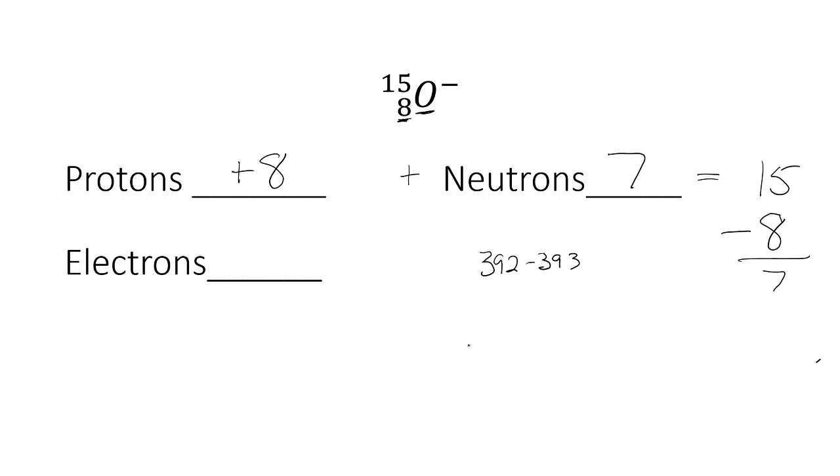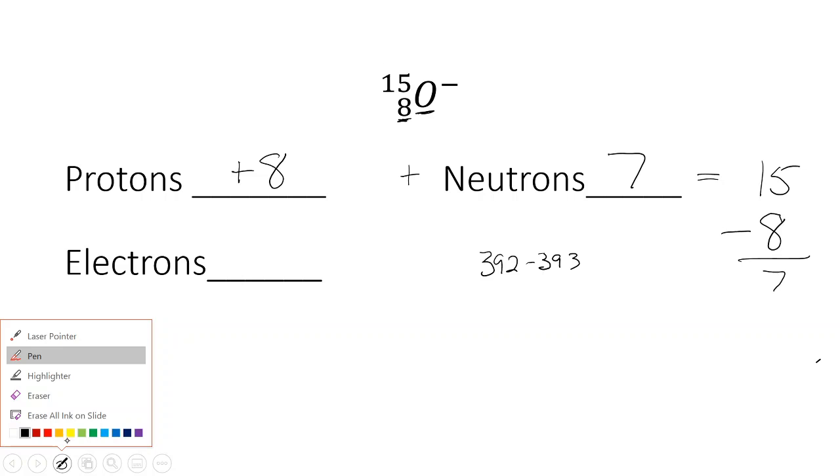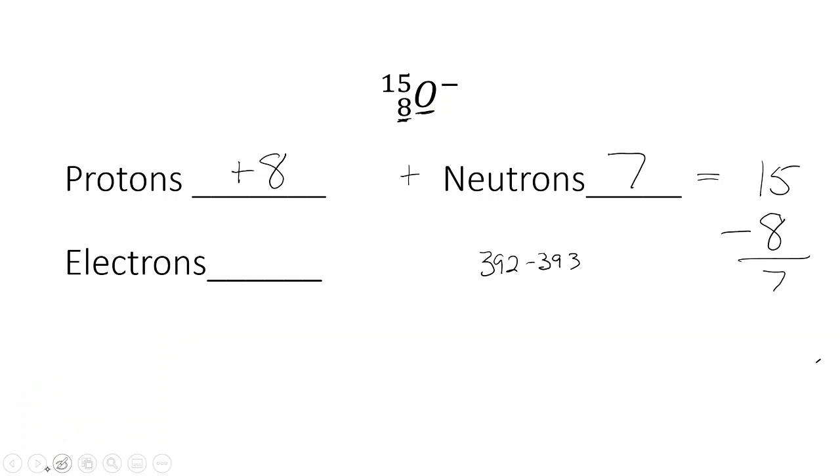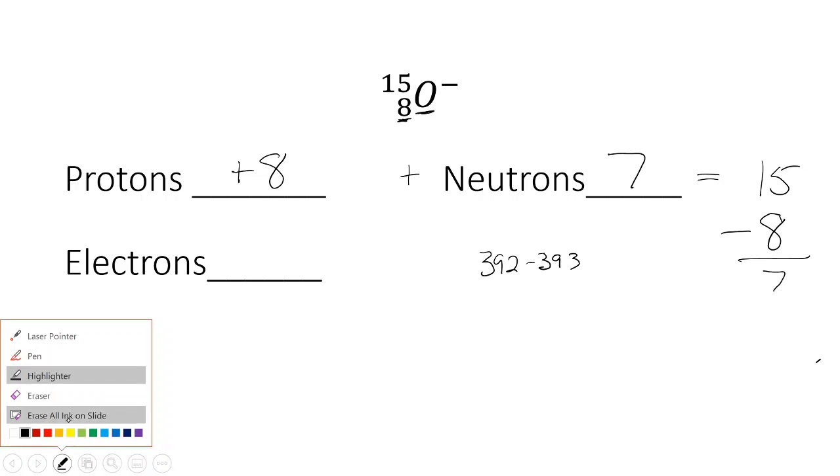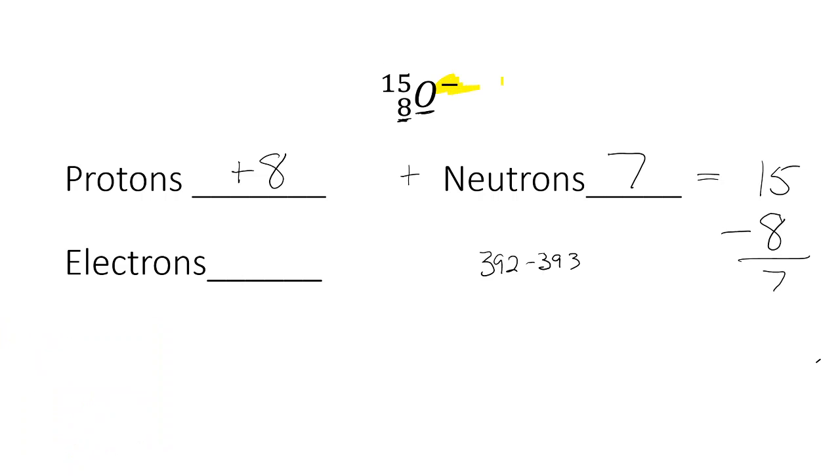Now remember, here, right here, excuse me, highlighter, right there is the electrical charge. So that means that the net value is going to be negative 1.